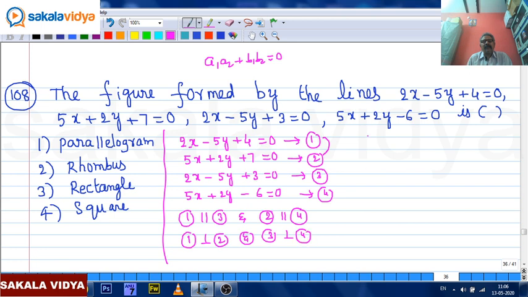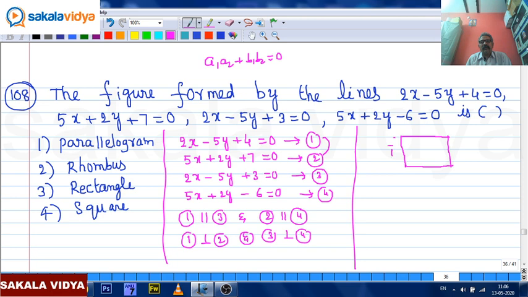Now you can draw the figure like this. So you will be getting a figure like this. Now 1 and 2 are perpendicular, 2 and 4 are parallel, and 1 is parallel to 3.